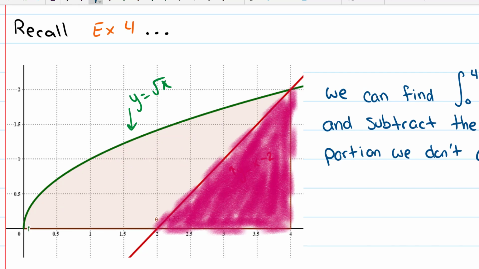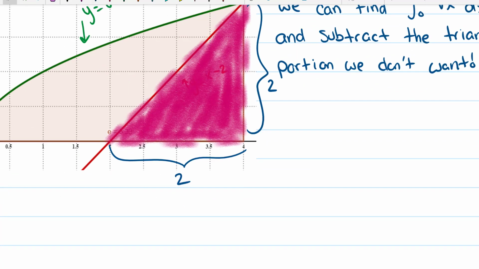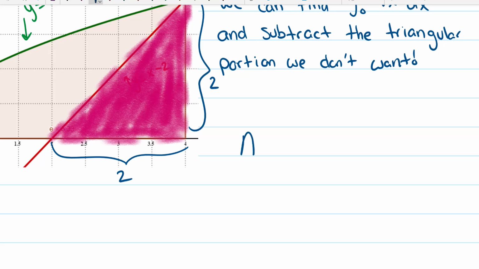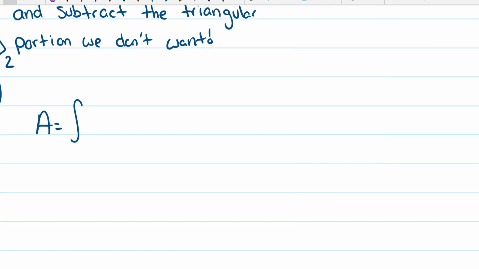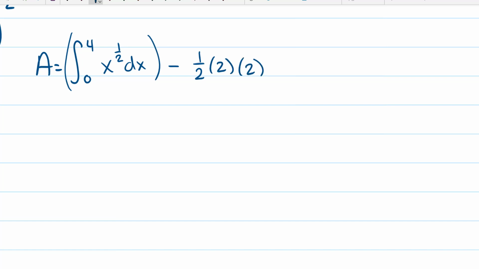Essentially that's going to give us the area we want, which is this area in here. To do that, let's first find the dimensions of the triangle, where this is going to be 2, and this will be 2. So our total area is the integral from 0 to 4 of x to the 1/2 dx, and I'm going to subtract off the area of the triangle piece.